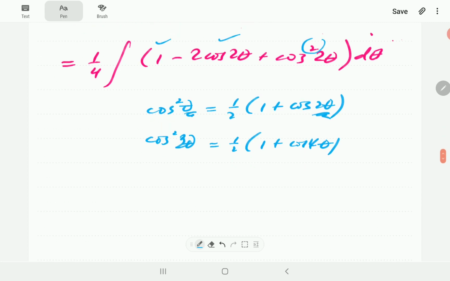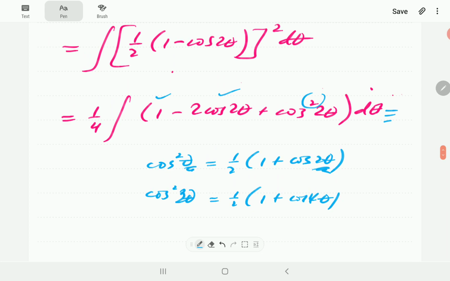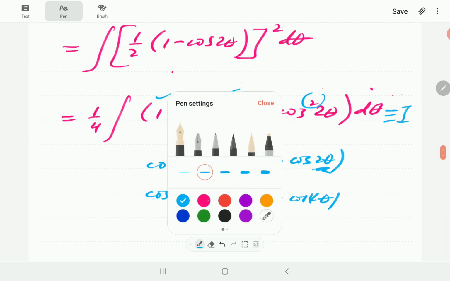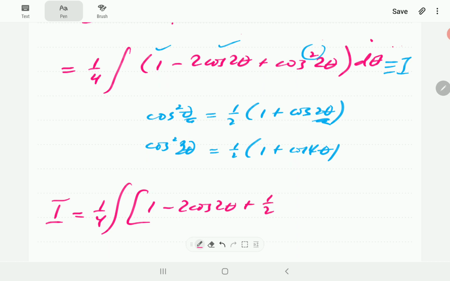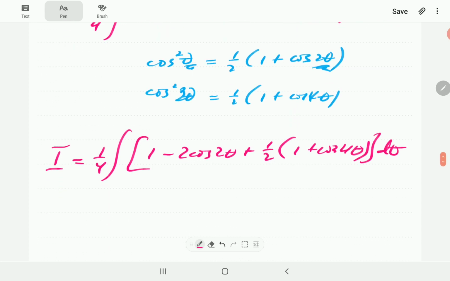So the integral, let's call this I. So I we can rewrite as follows: 1/4 into the integral of 1 minus 2 cosine 2 theta plus 1/2 into 1 plus cosine 4 theta.